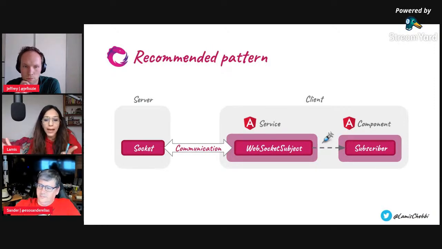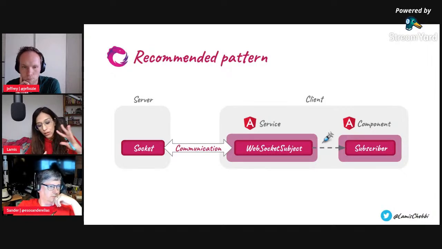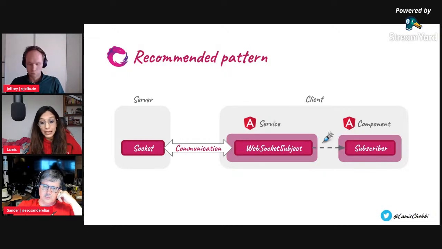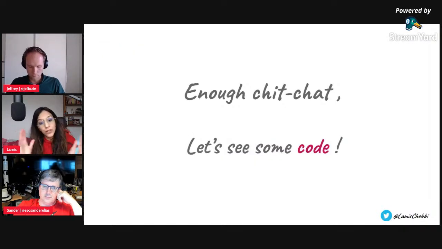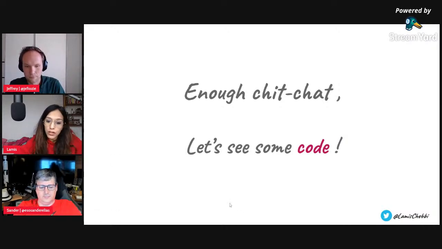It's highly advisable to centralize it in one separate service, and you will just inject this service in your Angular components in order to consume live updates. Now, enough chit chat. Let's see some code. I will show you my solution. So I will stop sharing.